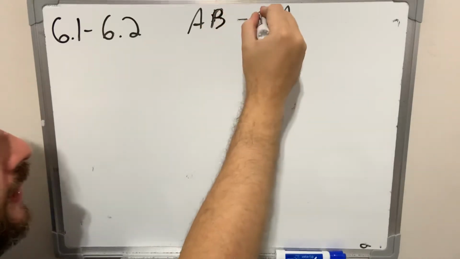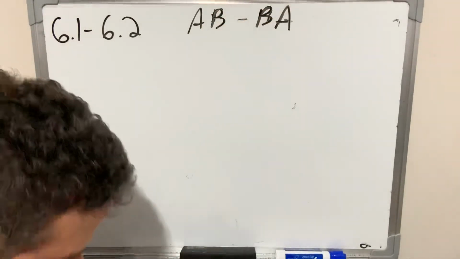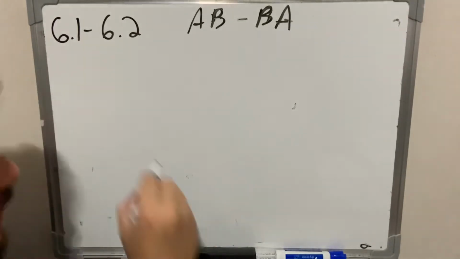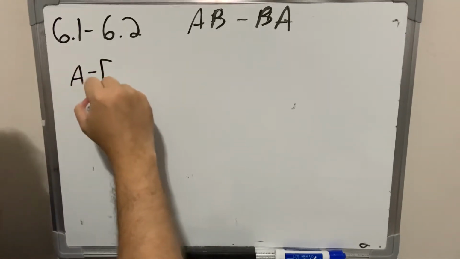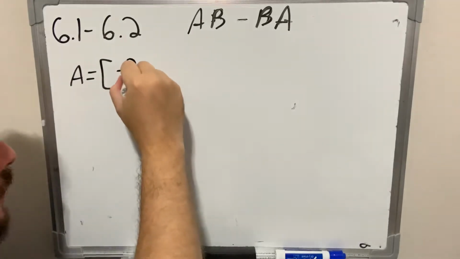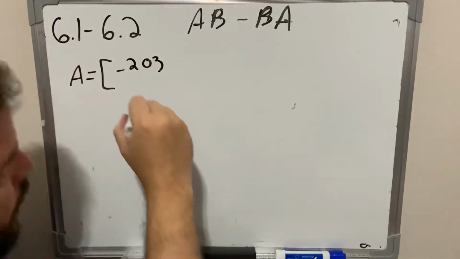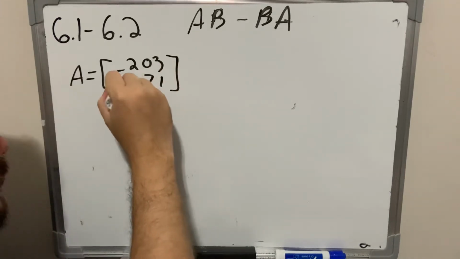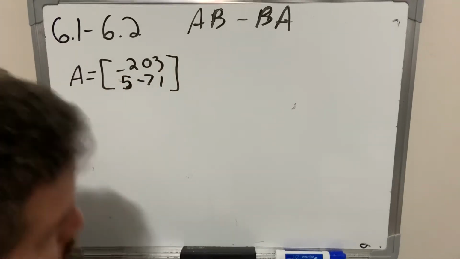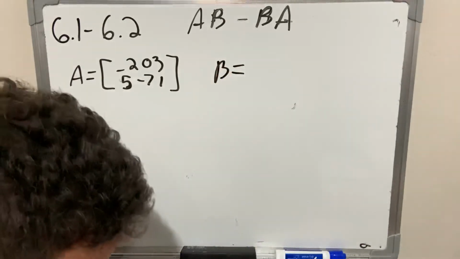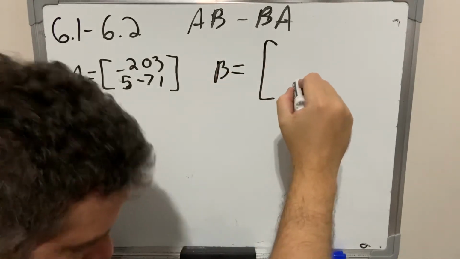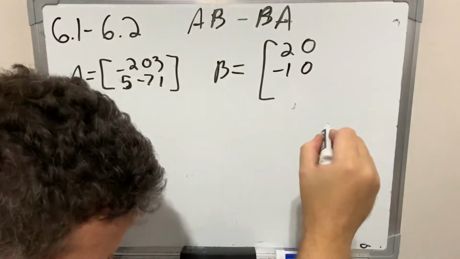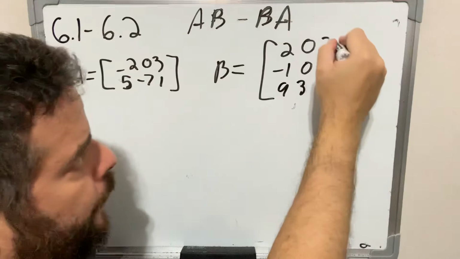Now let's do the second guided practice, which is 1B on page 376. I'm told that A is the following: negative 2, 0, 3, 5, negative 7, 1. And I'm told that B equals 2, 0, negative 1, 0, 9, 3.